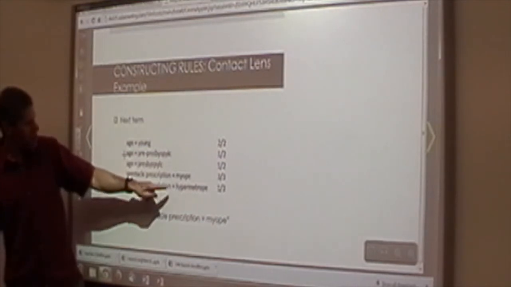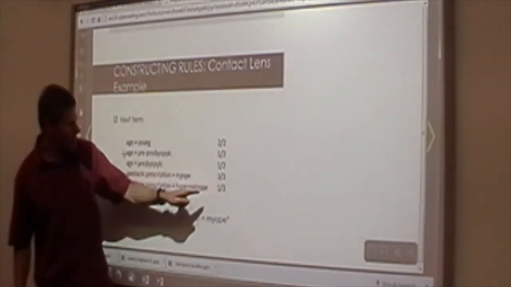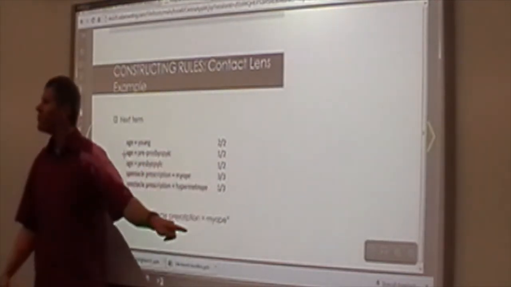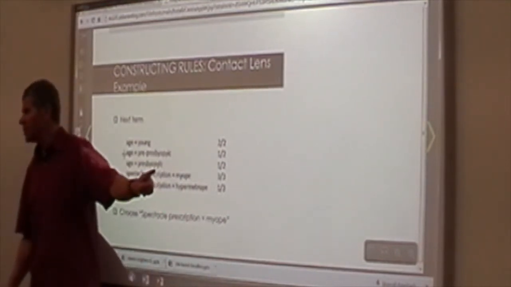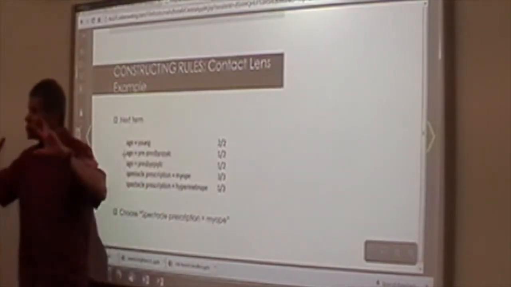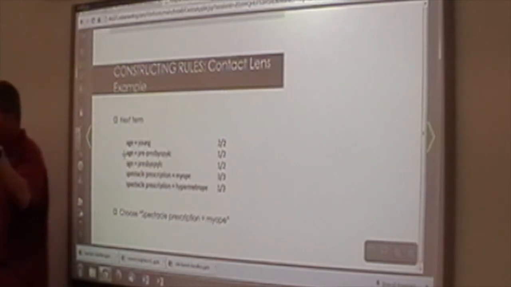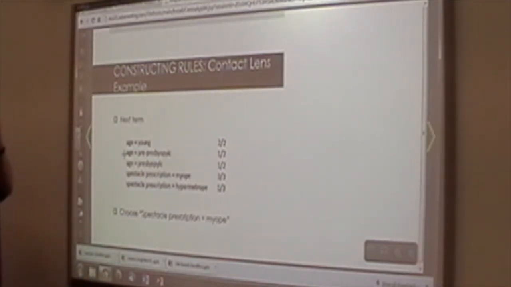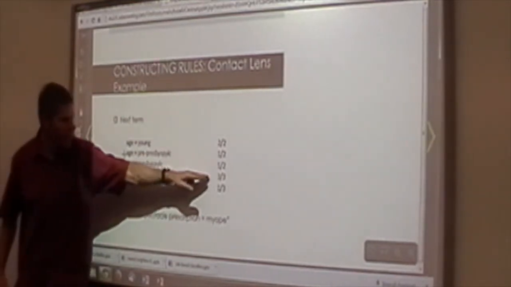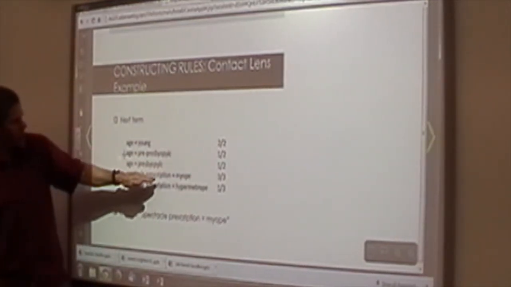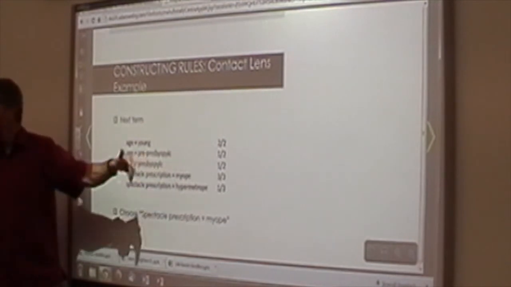Whereas in spectacle prescription equals myope, we have 3 out of 3 covered. Both of those reduce to the same fraction, 1. Which one would we choose? We're going to choose the 3 out of 3, or spectacle prescription equals myope.